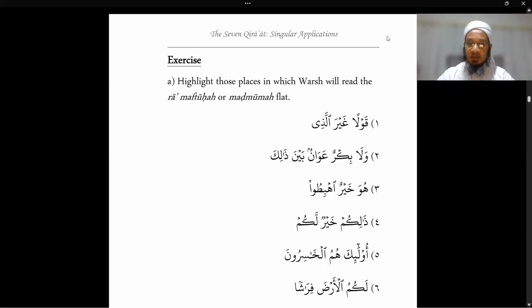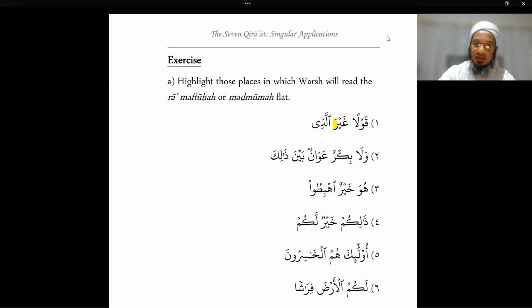What we're going to highlight in this particular exercise is the Ra that has a Fatha or Dhamma, and preceding it is a Kasra, or coming before it is a Ya Sakina. Whether that is Mad or Lin, it doesn't matter. So you can pause the video at this particular point and then resume once you've completed the exercise.